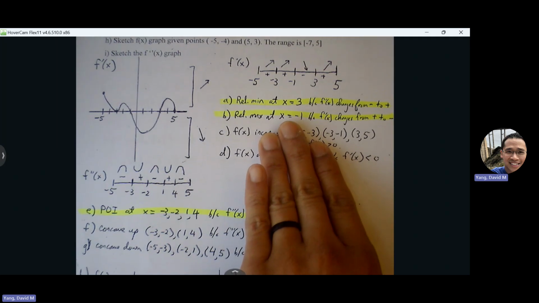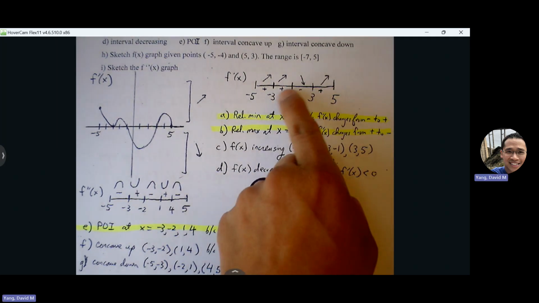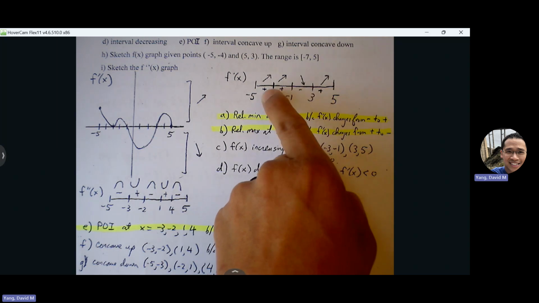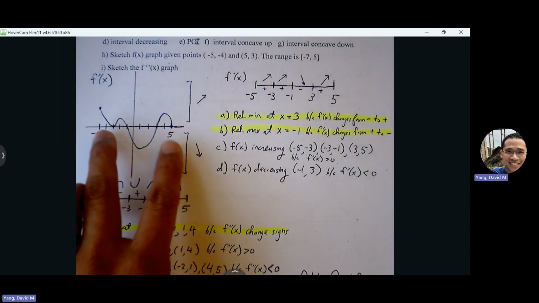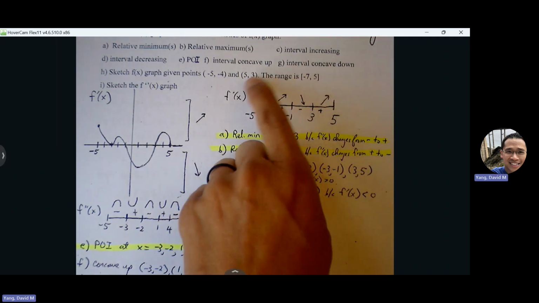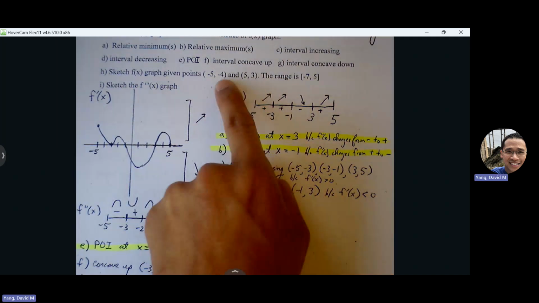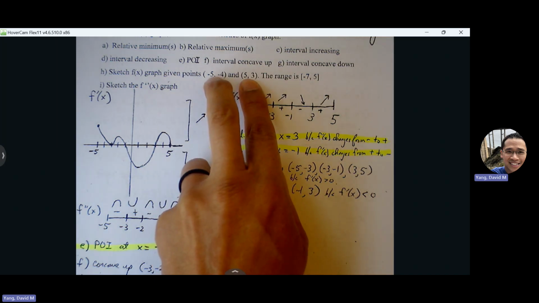Okay, as you sketch your f of x graph, you're just going to follow the rise and fall of the graph of your f prime sign line. Don't look at your derivative graph. This will just throw you off. Look at your f prime sign line. And then there's also some additional details when you sketch your graph. We have anchor points, so you know you're going to start here and end here.